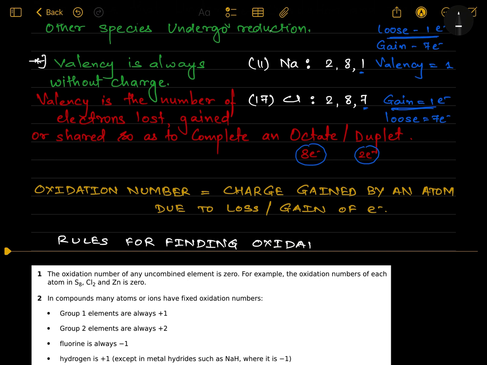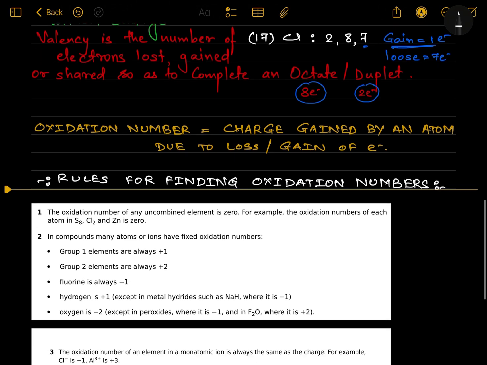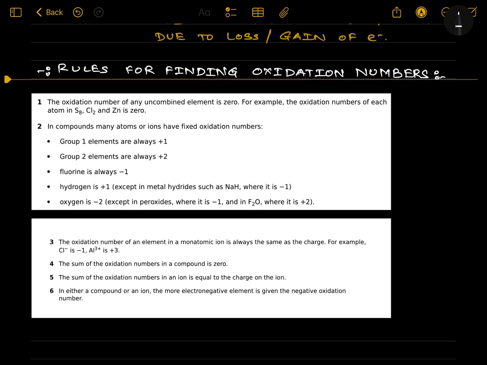They are as follows. You have pretty much 5 or 6 rules to be very precise. I have not counted them, but these are the basic rules that we need to follow while finding any oxidation number.